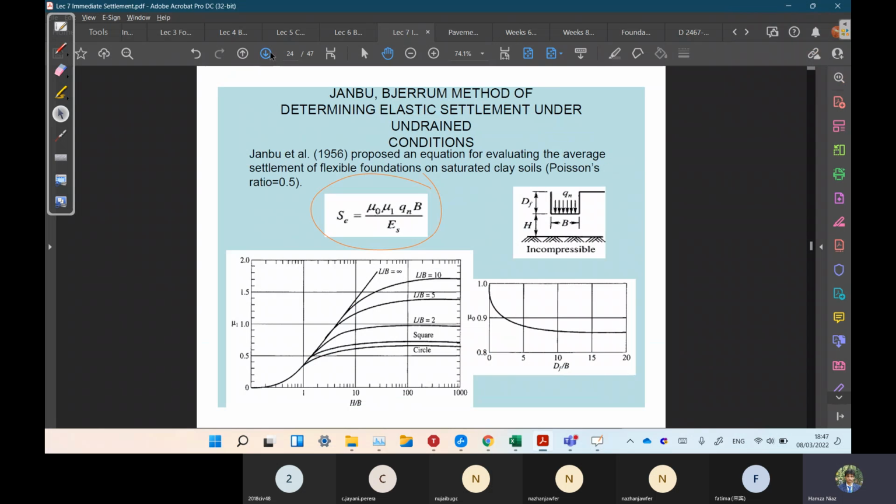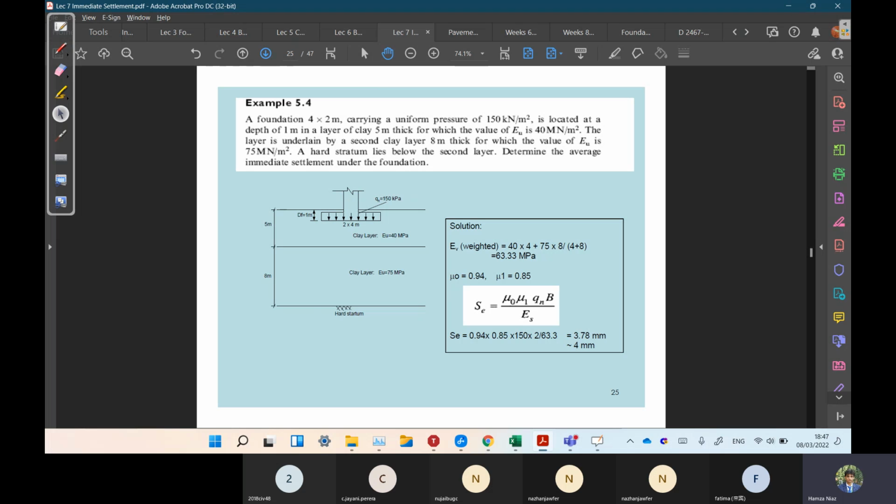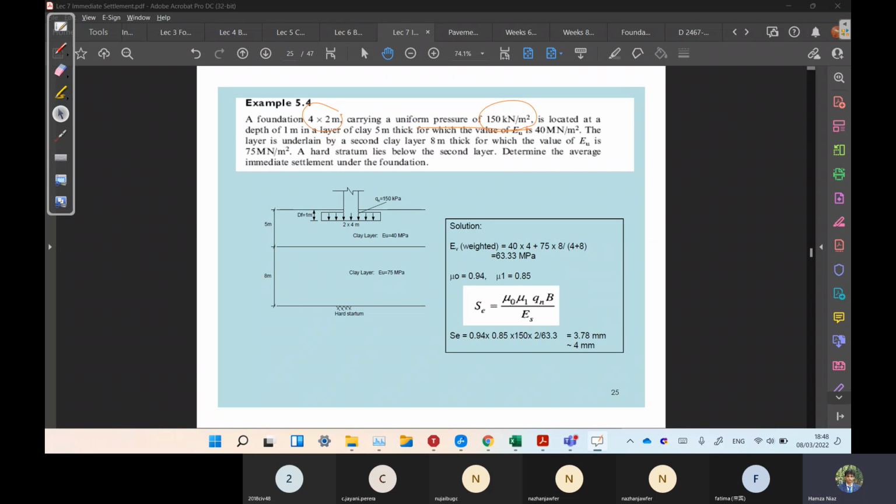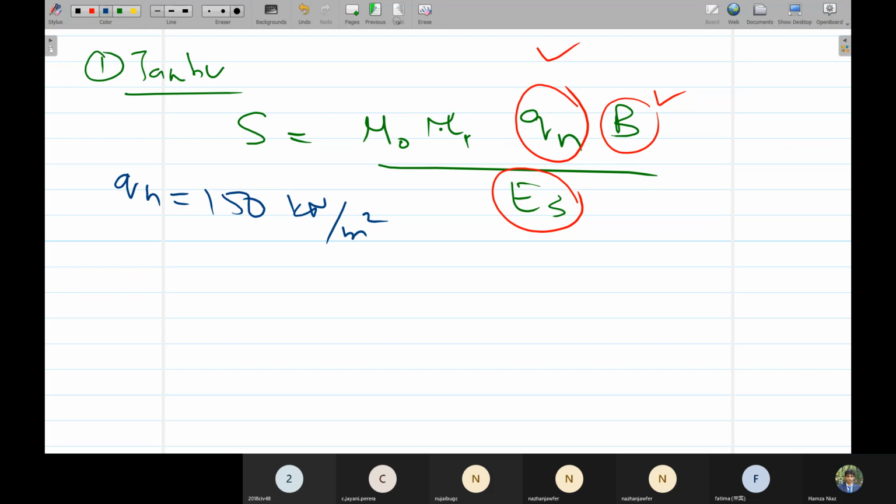So if we move to this question: a foundation is 2 meters wide, and the uniform contact pressure Qn is given as 150 kilonewton per meter square. The depth is 1 meter. Okay, we have to draw this profile.